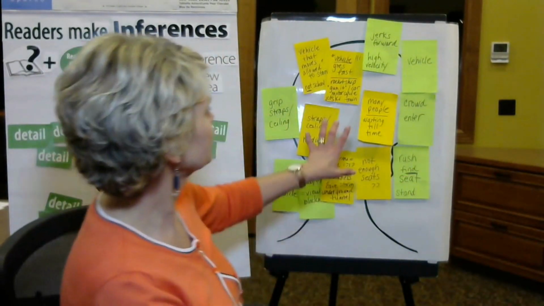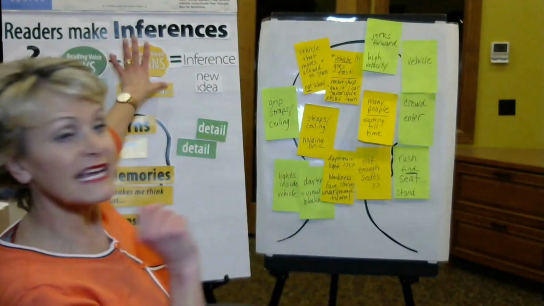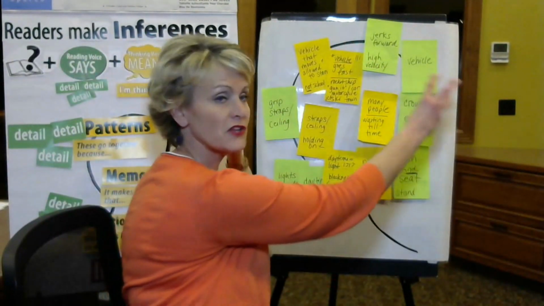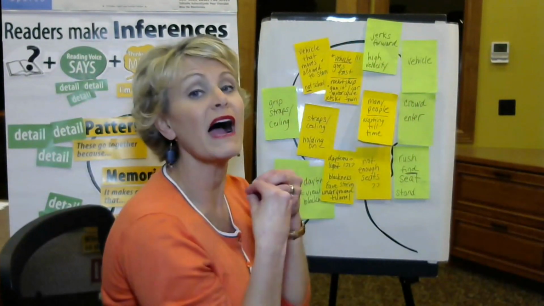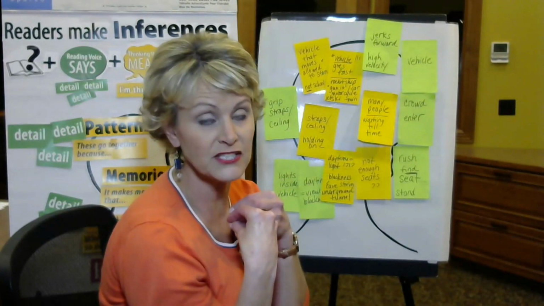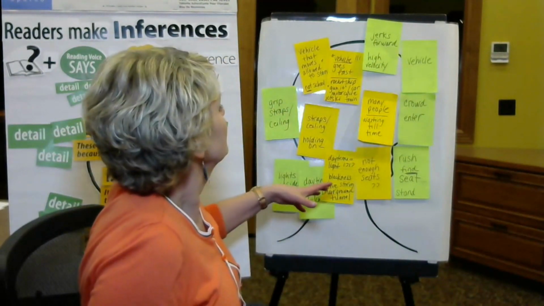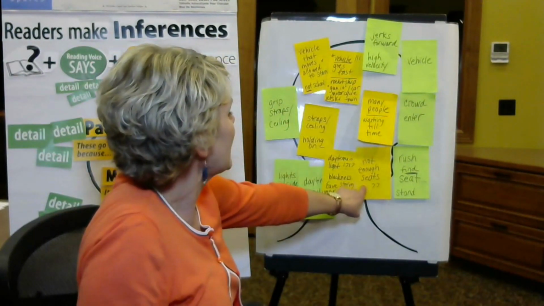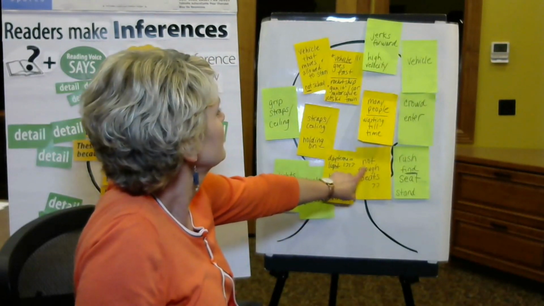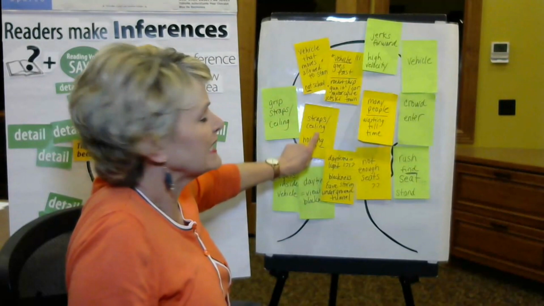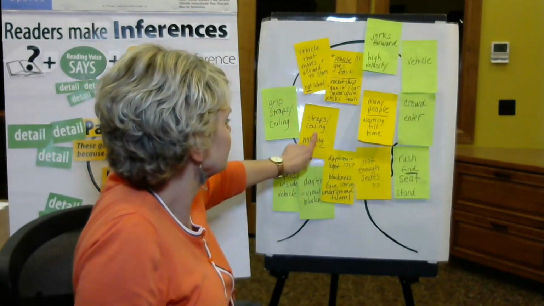Okay, so here I go. Now I'm going to put it all together, and I'm only going to look at the yellow. I've used the author clues. Now I've got to do the detective work. Now I've got to do the rest by myself. The question is, where are they? Well, I know it's a vehicle. It's a vehicle where there are not enough seats, that goes really fast, where if you're standing, you have to hold on.